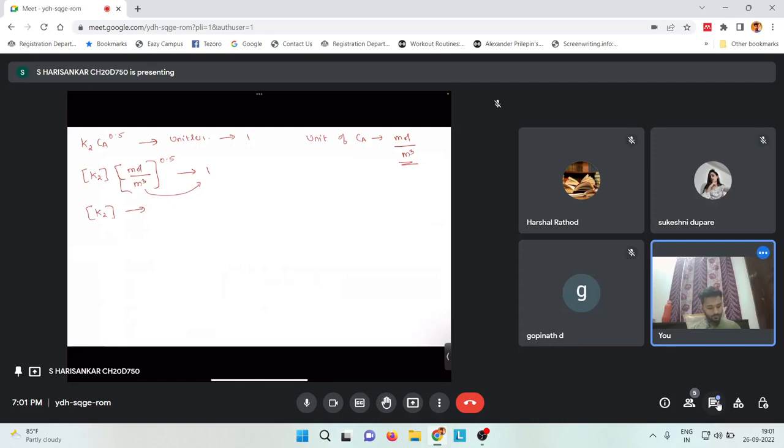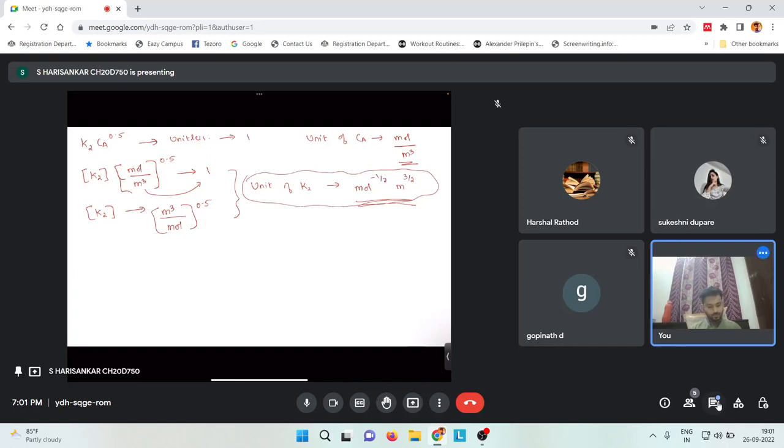So this will become meter cube per mole raised to 0.5. Okay. So basically what we are saying is unit of K2 should be, so we'll take this denominator mole to numerator, mole raised to minus 0.5 or minus 1 by 2, meter cube raised to 3 into 0.5 or 1.5, that is 3 by 2. So this should be unit of K2.